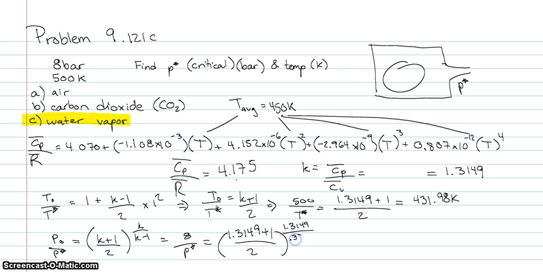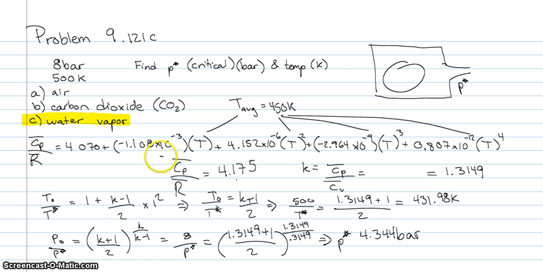Just for the sake of space, I'm just going to subtract out the 1 automatically. When you plug that into your calculator, you'll get your critical pressure to equal out to 4.344 bar. So that's pretty much it for doing just the water vapor.